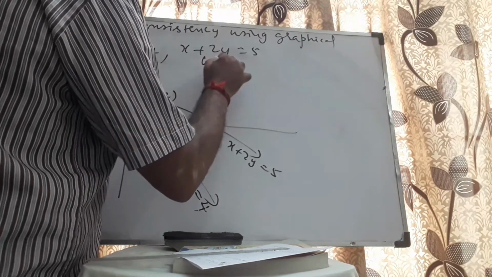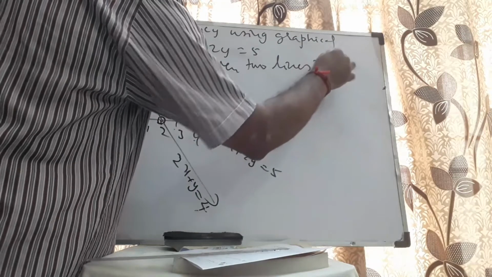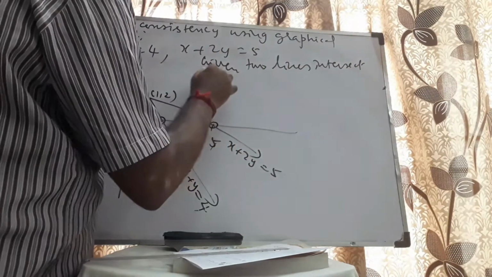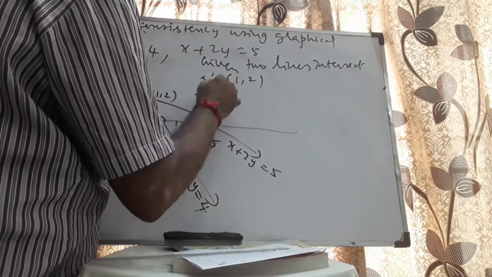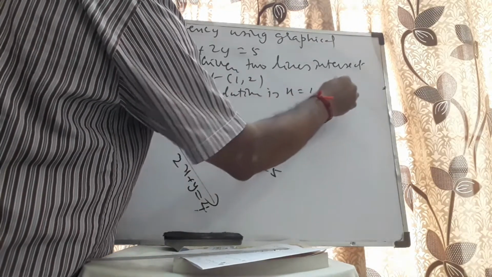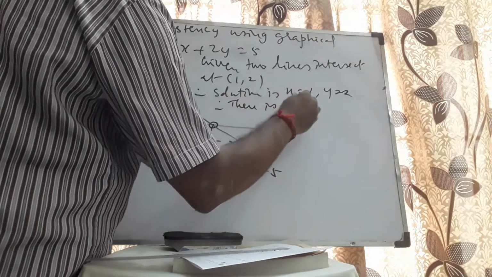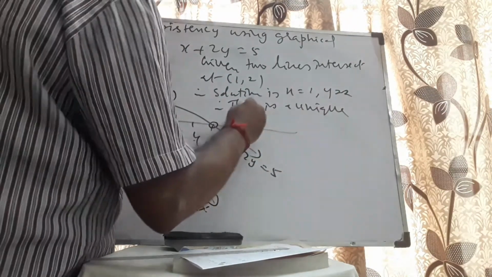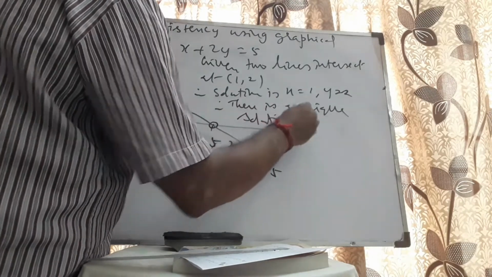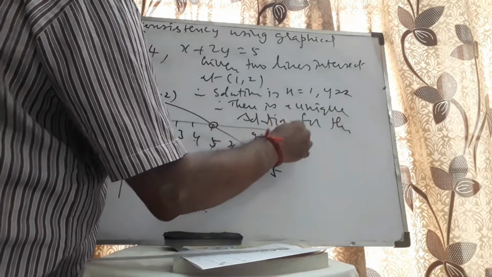Given two lines intersect at 1, 2. Therefore, solution is x is equal to 1, y is equal to 2. Therefore, there is a unique solution for the given system of equations.